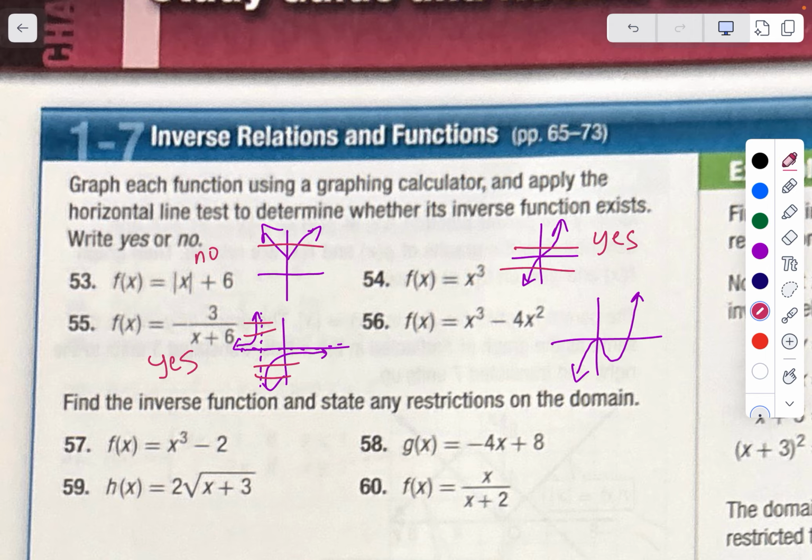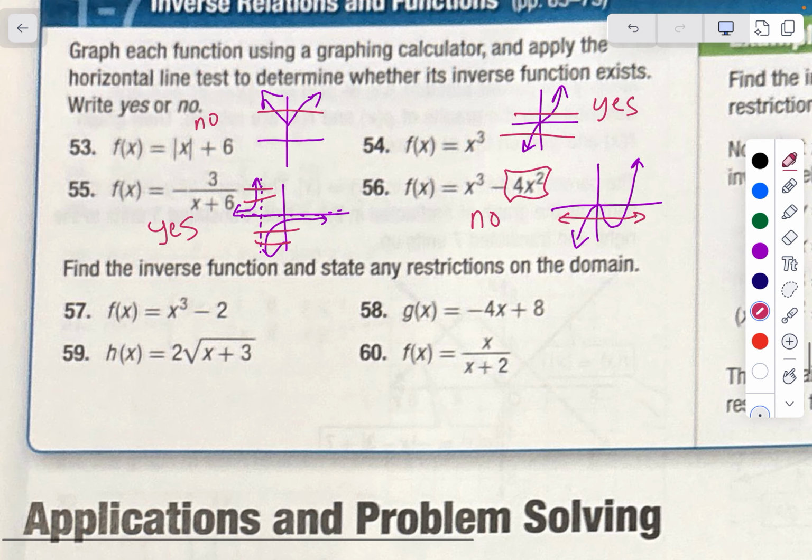And you can see here that as soon as we introduced that extra little term, the negative 4x squared, the bumps go up and then back down again in such a way that a horizontal line will hit it in more than one location. So on the chapter test, I will actually physically give you maybe 2 or 3 graphs and ask which one of these has an inverse, and that's it, okay?